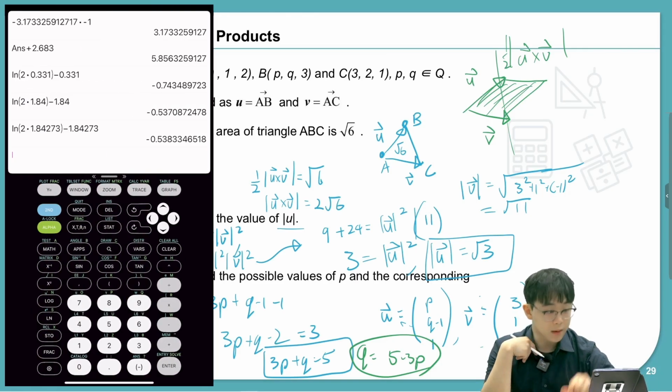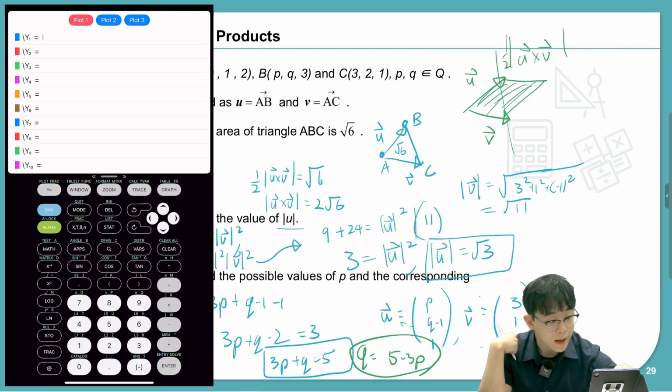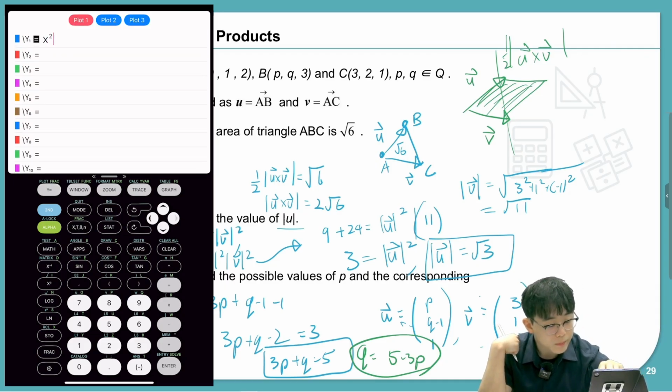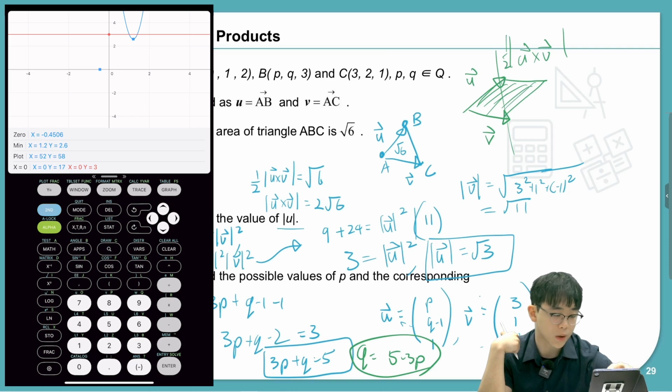So if you have p squared plus 4 minus 3p squared, and then plus 1, we want to set that equal to 3. So let's just square both sides.